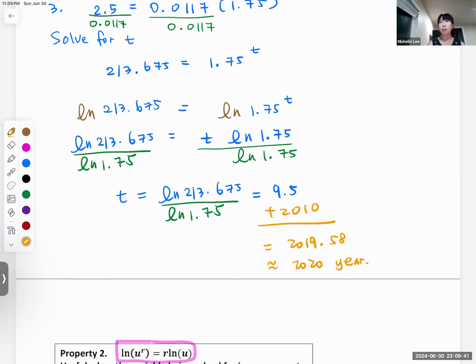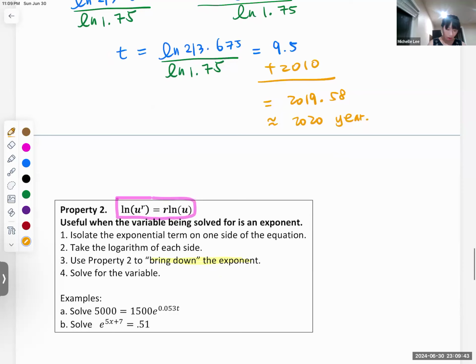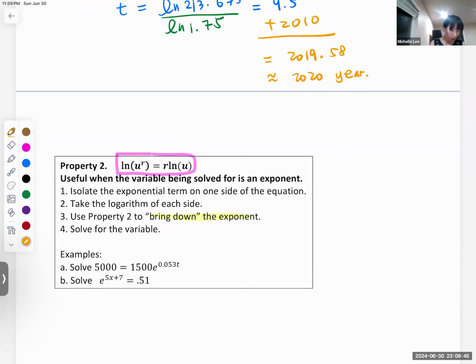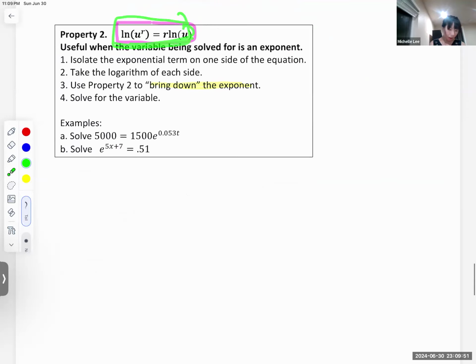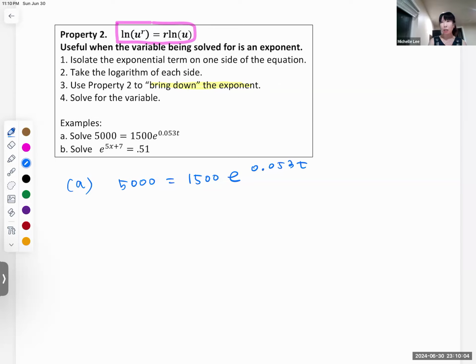Okay, let's move on. Let's do this one. We are using property number 2 to solve. Number A, we have 5,000 equal to 1,500 e to the 0.053t. So t is there as an exponent, right?